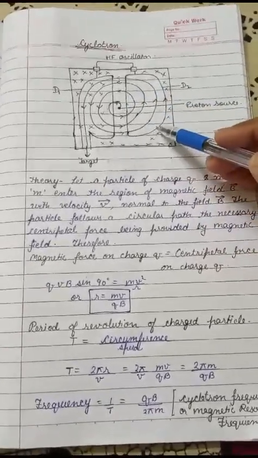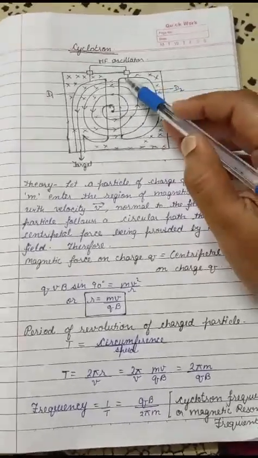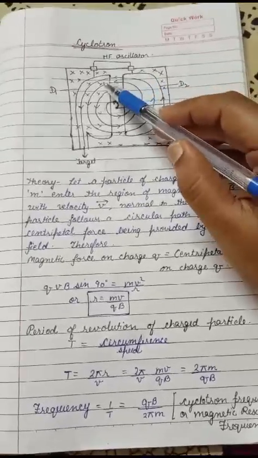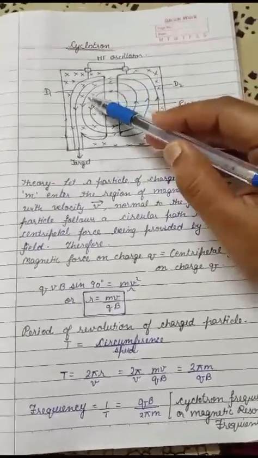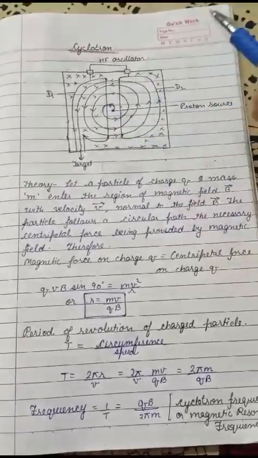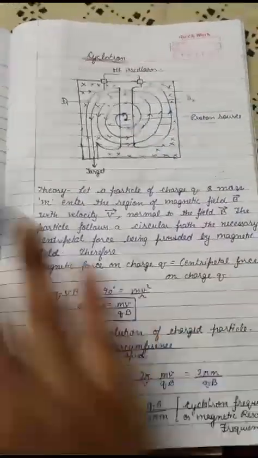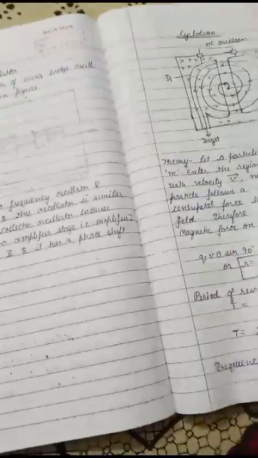When the charged particle comes near the periphery of the D, near the circumference, it is accelerated in the outward direction. Now the kinetic energy of the accelerated ion.